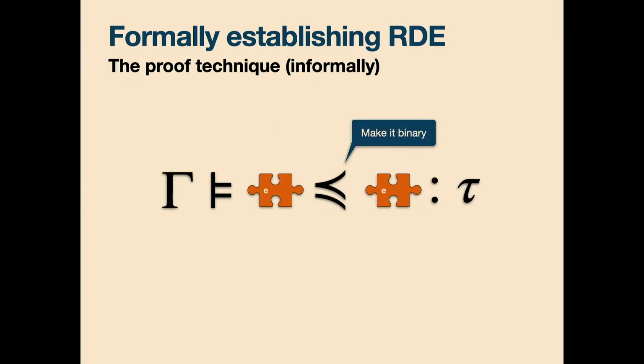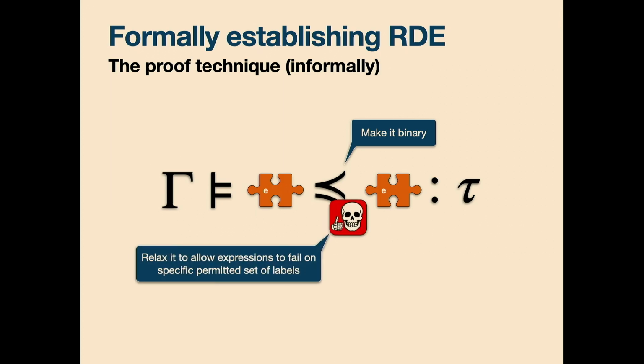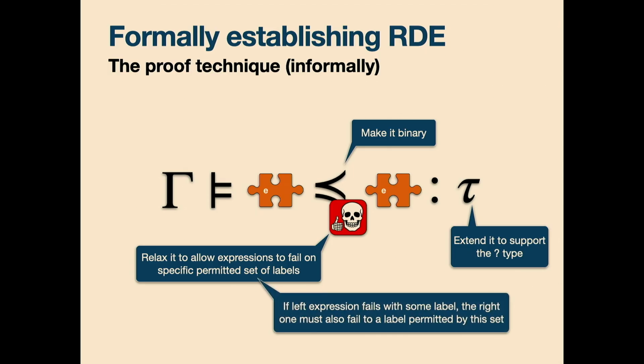Then we make this relation binary, and we also relax it to allow failing, but on some set of pairs of labels, meaning that if the left expression fails, then the right expression should also fail, and the pair of labels should be in this permitted set of labels. And of course, we also extend this relation to talk about unknown types, because we are going to embed this into arbitrary Gradual contexts.